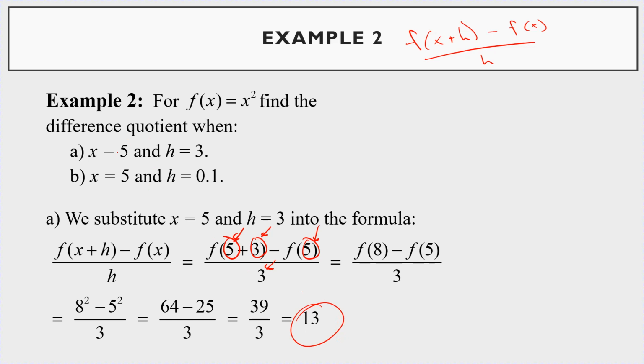Really what's going on here, another way of seeing this, is the average rate of change from x equals 5 to x plus h, so all the way to x equals 8. Whereas the second one we do is going to be the average rate of change from x equals 5 to x equals 5.1, because that's what the delta x is, the change in x.